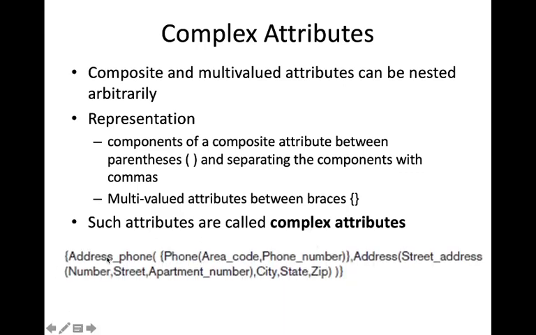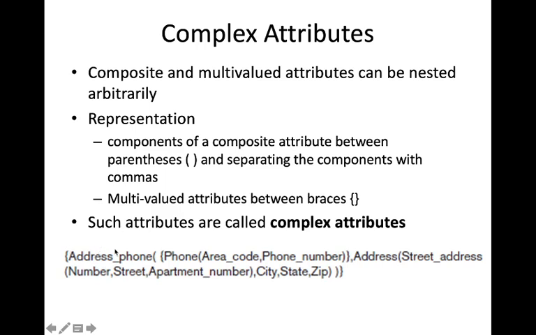So this is an example: address phone. A person may have different houses, different addresses, and different phone numbers. An employee may have two addresses, one permanent and another temporary. Like that, there will be different addresses and phone numbers for a particular person.